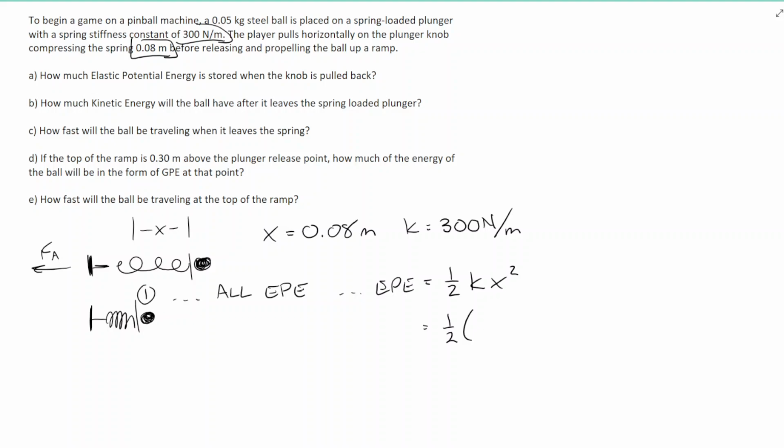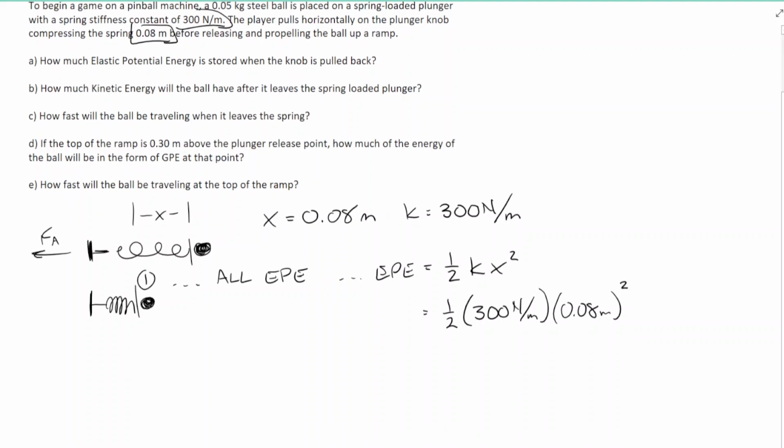Well, this isn't pulling a meter, it's only pulling 0.08 meters, so you're not going to get 300 newtons out of that. But nonetheless, that is our stiffness constant, 300 newtons per meter. And the spring displacement is 0.08 meters, and we're going to square that.